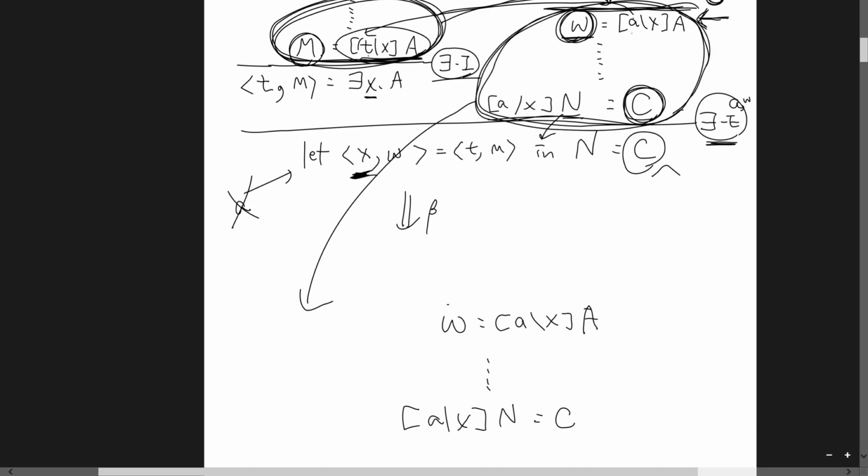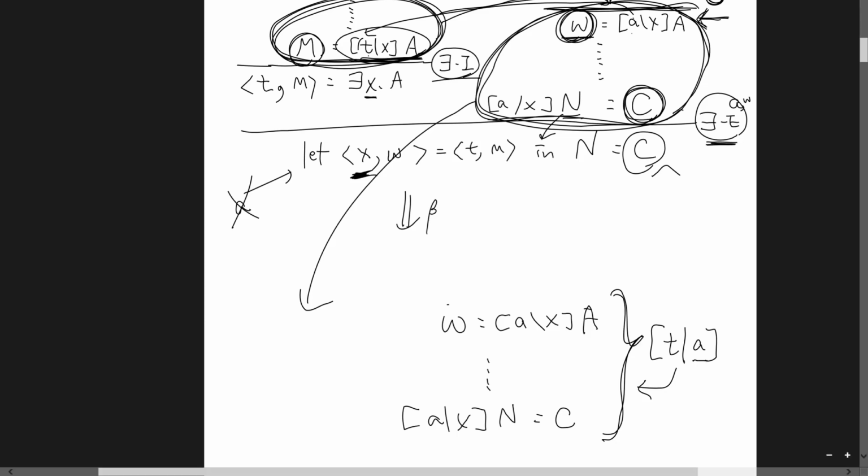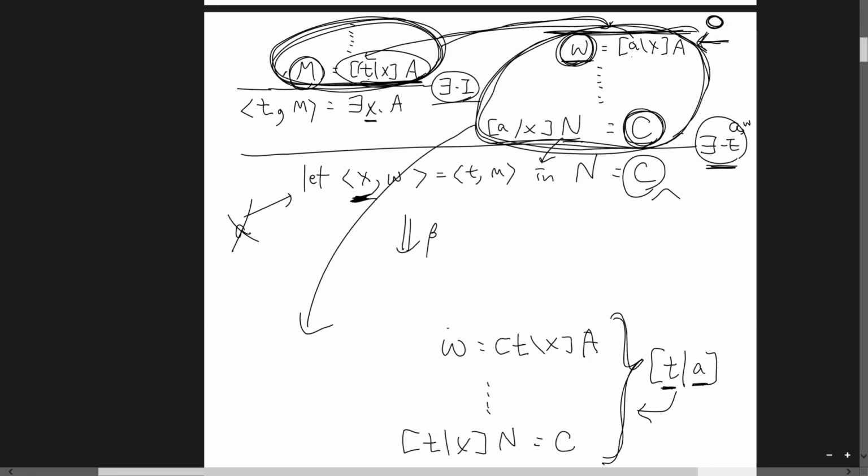And then I apply this substitution T for A to the entire derivation tree. Then what happens? Basically, you replace A with this term T. So this becomes T, and this becomes T. Now you can directly substitute this one.